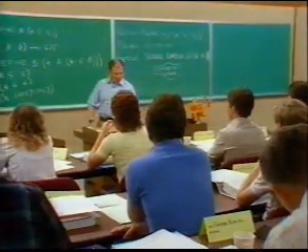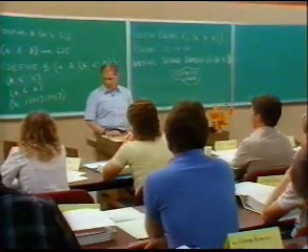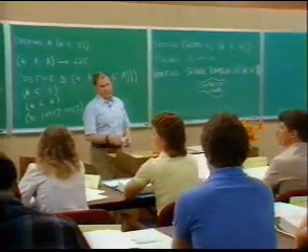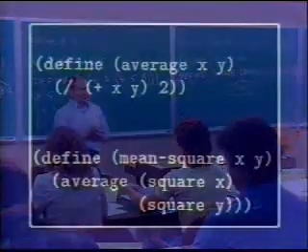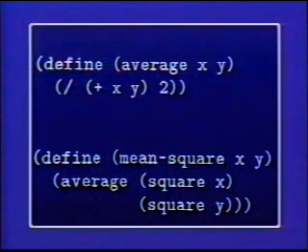Okay, let's look at two more examples of defining. Here are two more procedures. I can define the average of x and y to be the sum of x and y divided by 2. Or having had average and square, I can use them to talk about the mean square of something, which is the average of the square of x and the square of y.